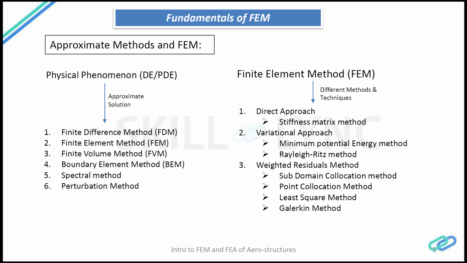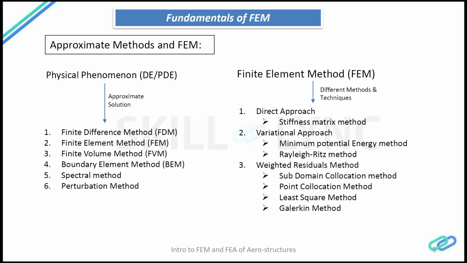So we have to give you a very quick recap, or to put it in a nutshell. These three methods are available at the moment, and within each method, for example the variational method, there are two types, which is minimum potential energy. Potential energy is based on your strain energy and work done.